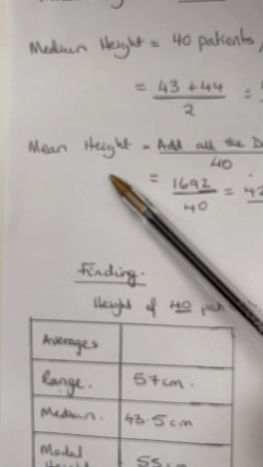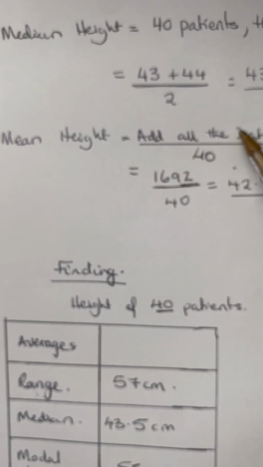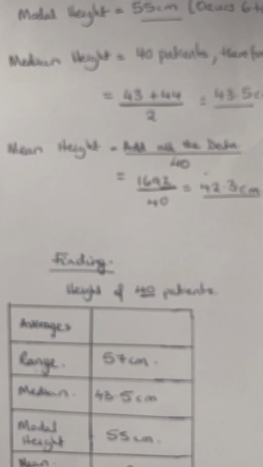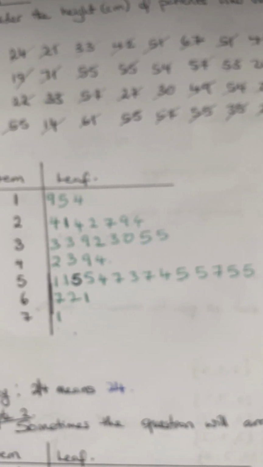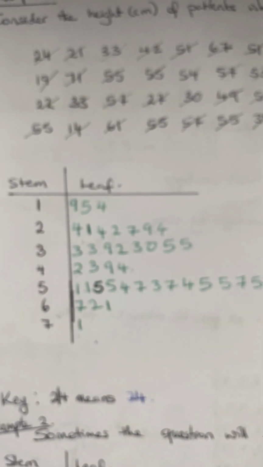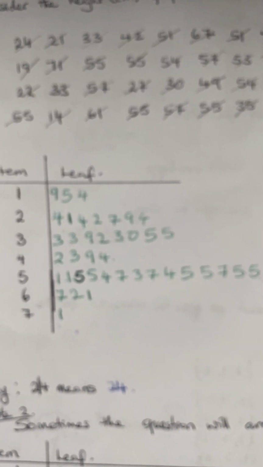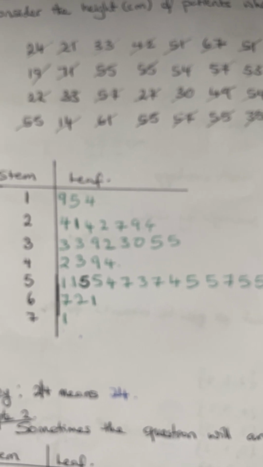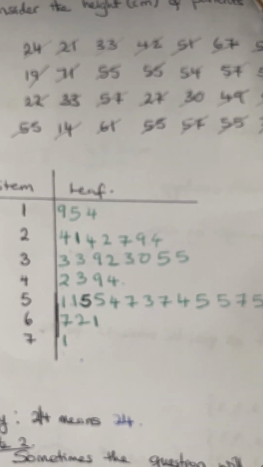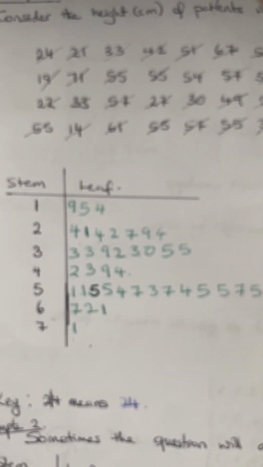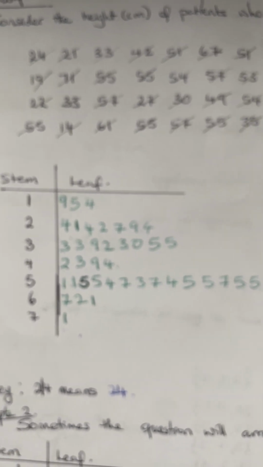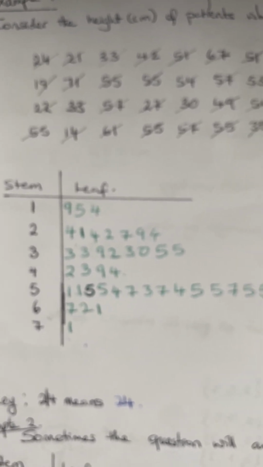Now, to find the mean height, it's difficult to look at the table because it's 40 patients. You have to add all, okay, and divide by 40, because here you are asked to do a stem and leaf diagram.